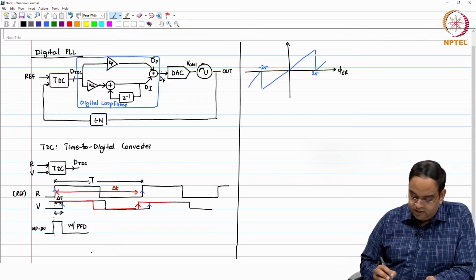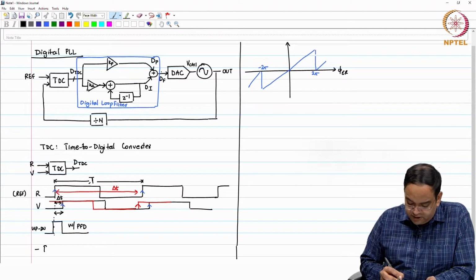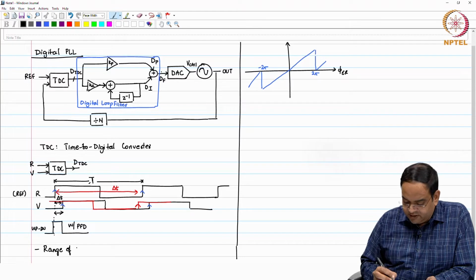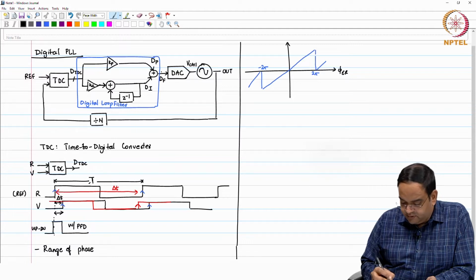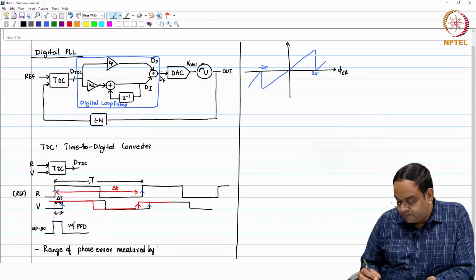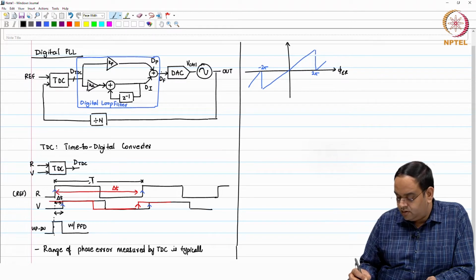So, the range of phase error measured by the TDC is typically 2 reference periods.